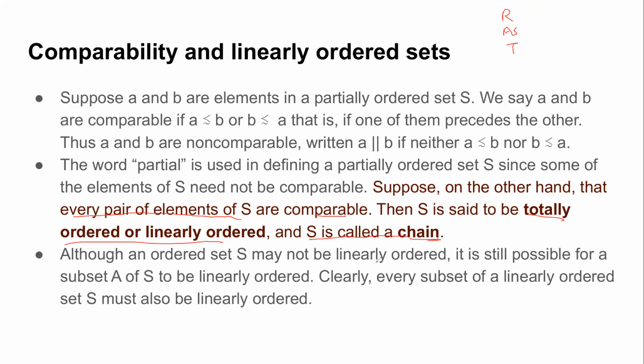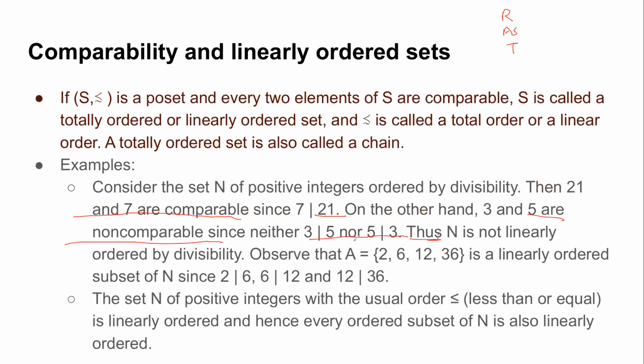Let me give you an example so that it's clear. Suppose I give you the divisibility relation on the set of natural numbers. I know 7 is comparable to 21, because 7 divides 21, but 3 does not divide 5.